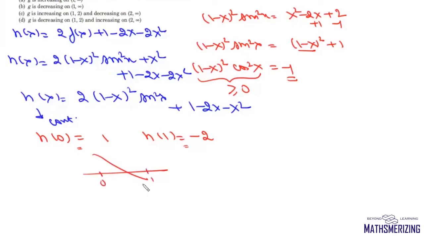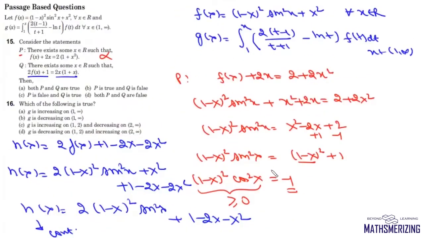So that means there is at least one x in the interval (0, 1) where h(x) is 0. That means this statement Q is correct. So we'll have some x in R such that this equation is valid. So the answer to this question is P is false and Q is true, and that's your option C.